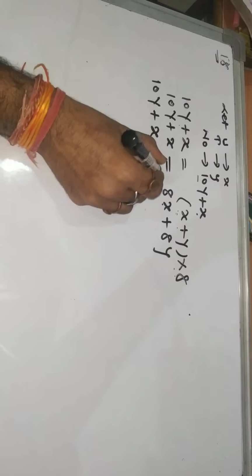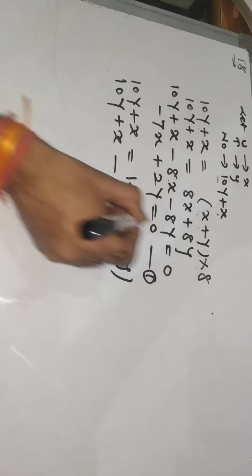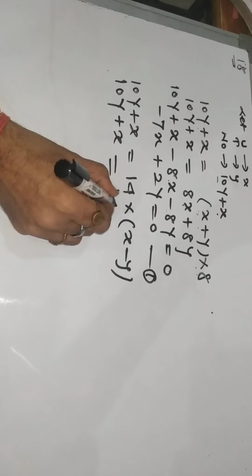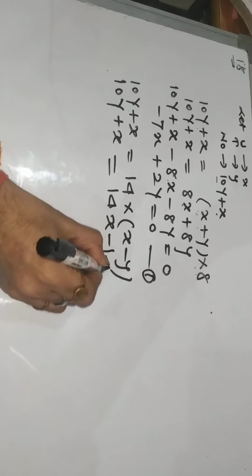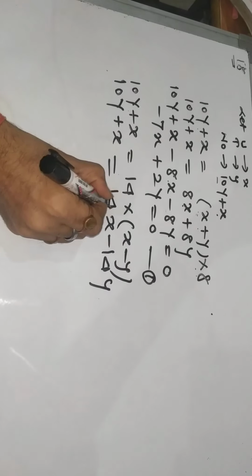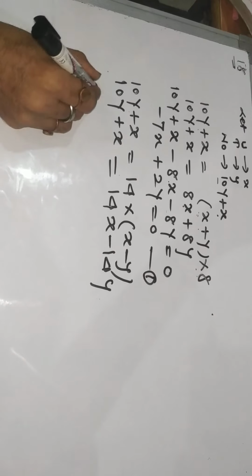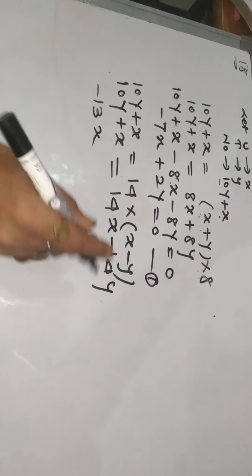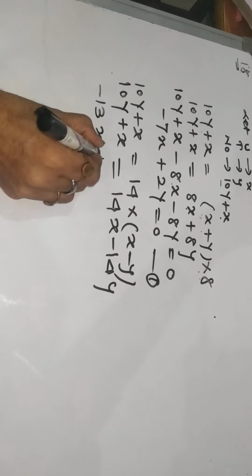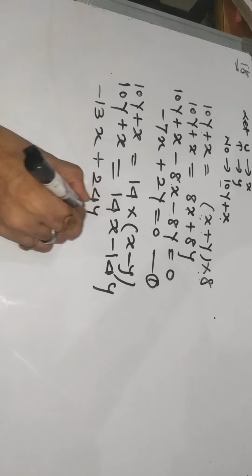Then the difference of the digits is x minus y, then 10y plus x is equal to 14x minus 14y. यहाँ सम था बस यहाँ डिफरेंस है, बाकी मेथड सेम है. So minus 14x transferred here, x minus 14x converts into minus 13x, plus 14y, then it converts into 24y.